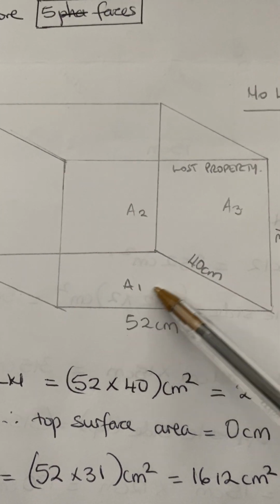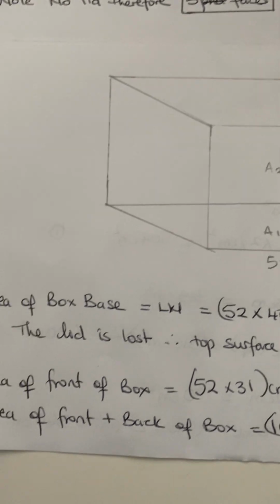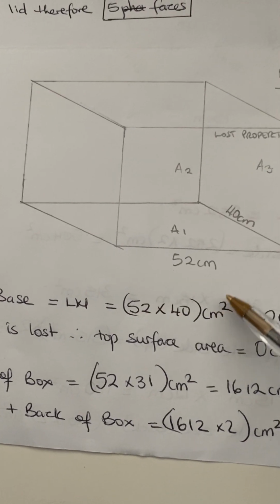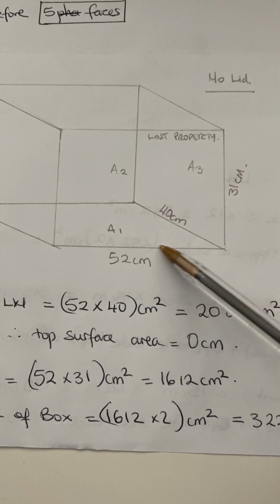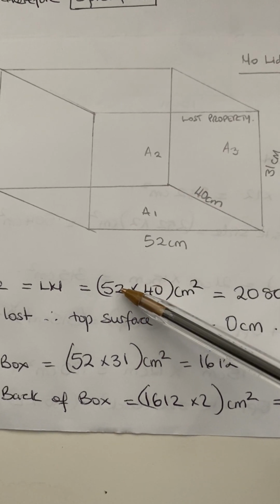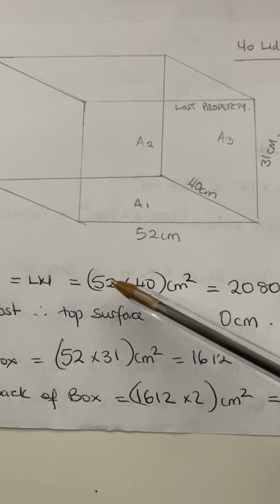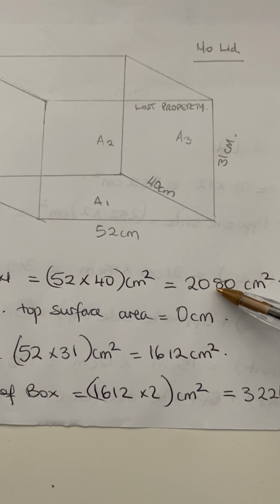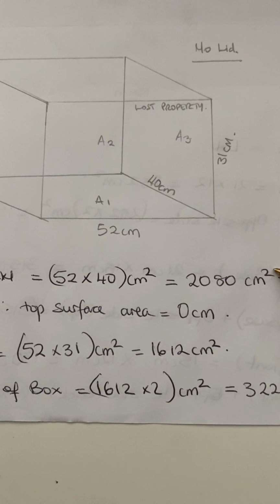So if you find the base here, you can multiply by 2. Okay, so area of the base. Let's do the base first. Let's look at our measurement, 52 by 40. So the base is 52 by 40. If we multiply, it will give us 2080 centimeters squared.